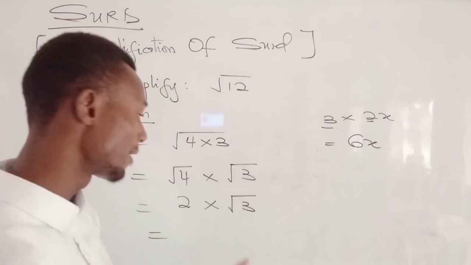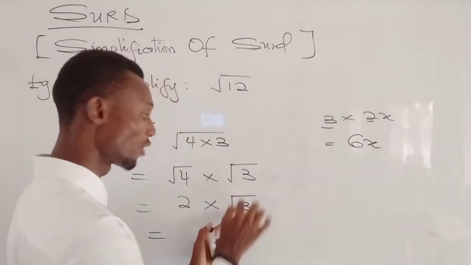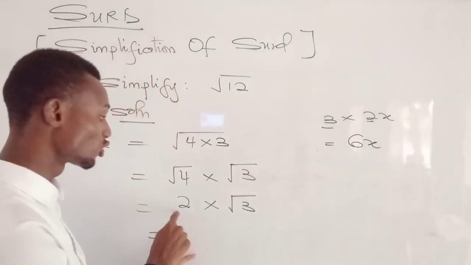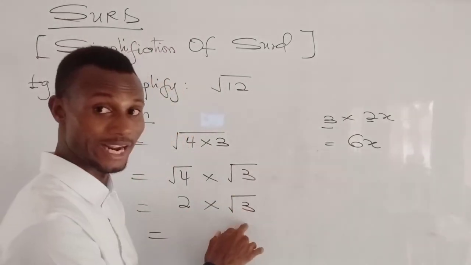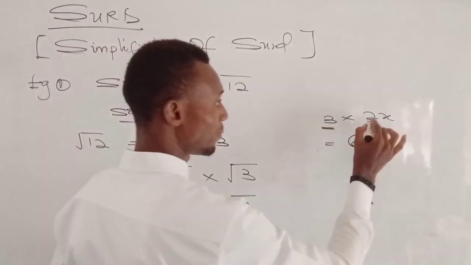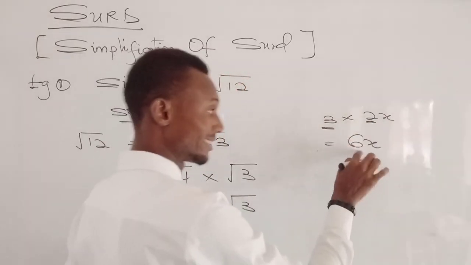In the same way, consider this square root of 3 as the variable. Now this 2 multiplying the square root of 3 will multiply the coefficients, just like the 3 multiplied the coefficient of the variable s, and we got the 6s.